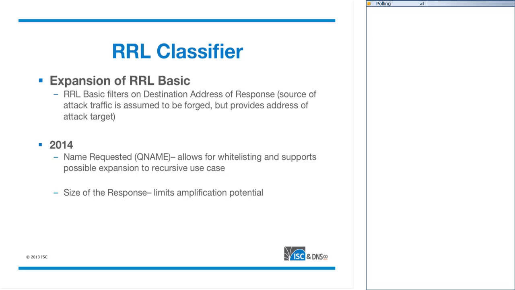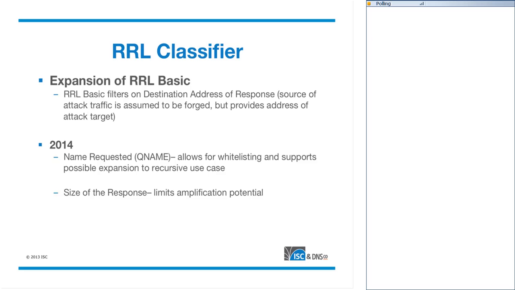We highly recommend referring to the response rate limiting section. If I'm recalling correctly, it's only a page and a half or 2 pages, and it's very detailed and very to the point. So I definitely would recommend taking a read of that. And that would be in the 9.9.4 ARM. Correct, good catch, Peter. It would be in the BIND 9.9.4 ARM or later.